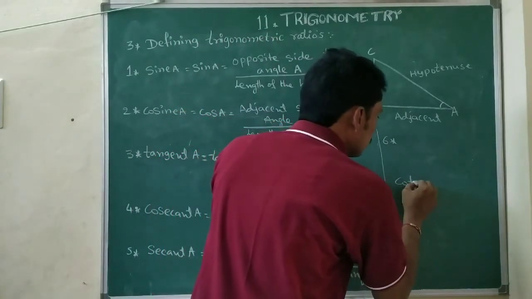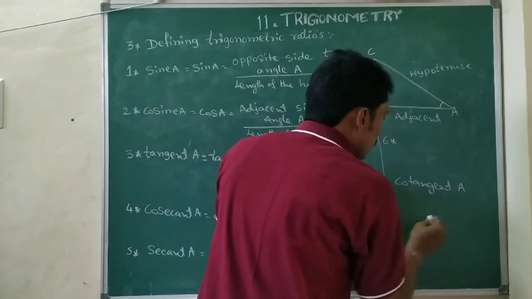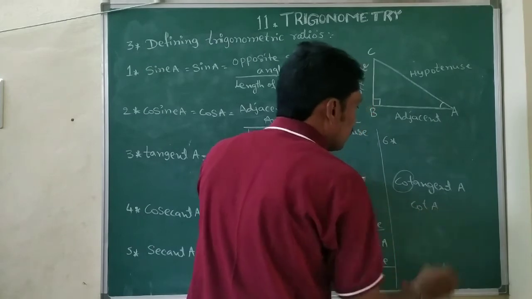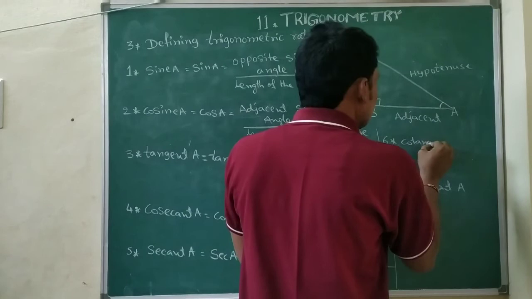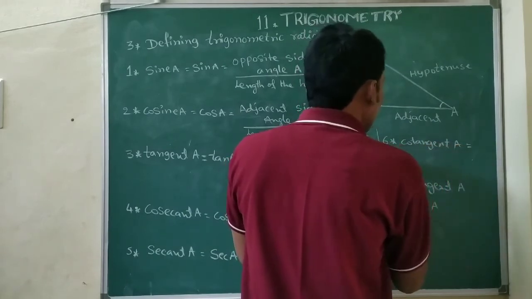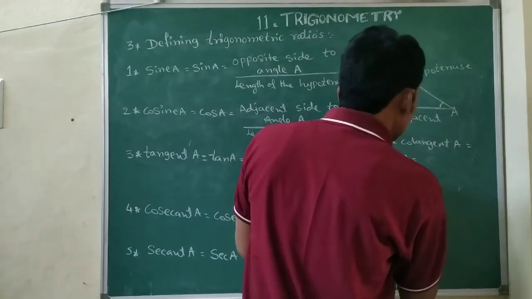Cotangent A. So the first three letters we are taking, that is simply cot A. So cotangent A equals cot A. So what is cot A?